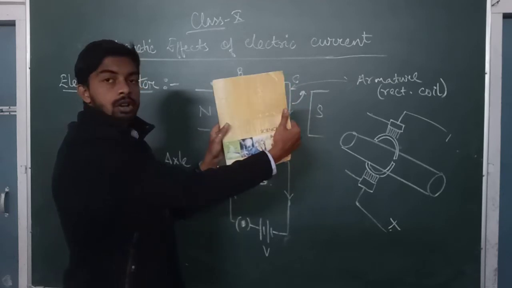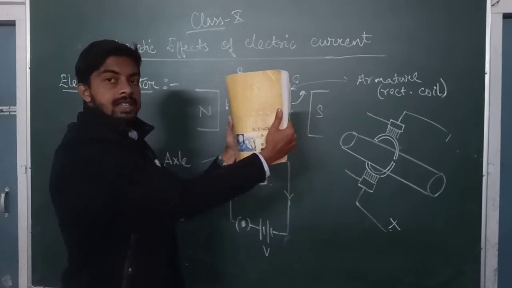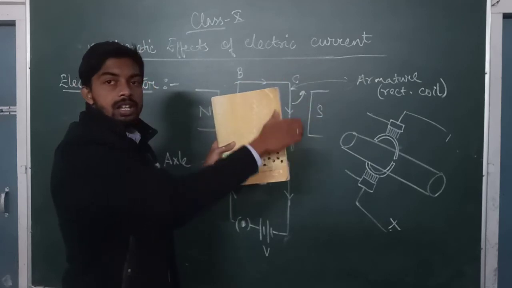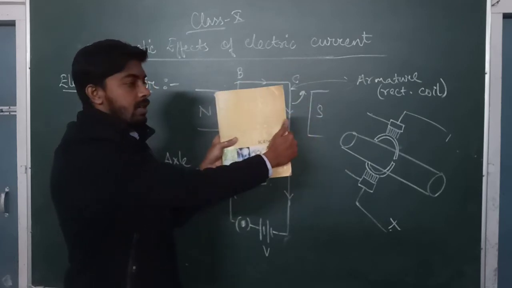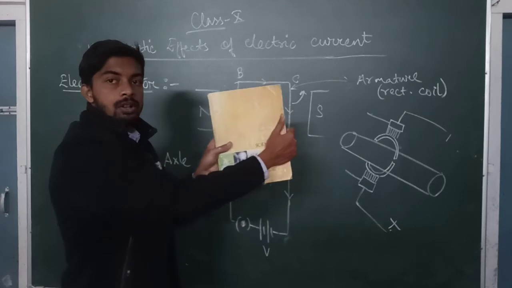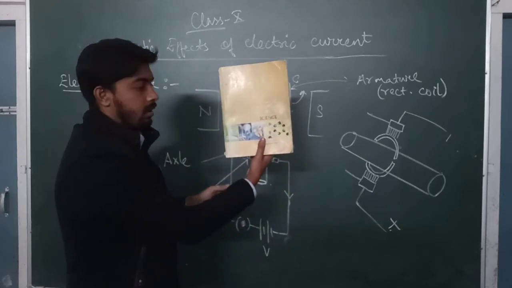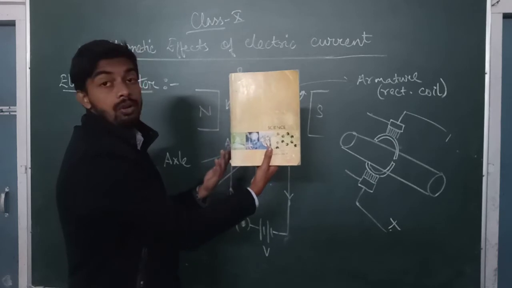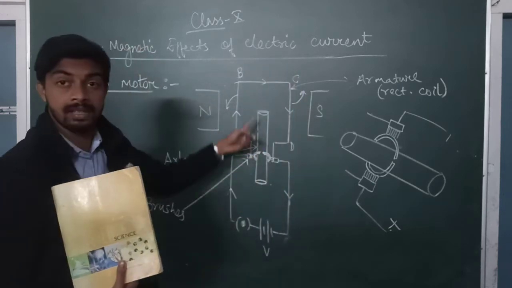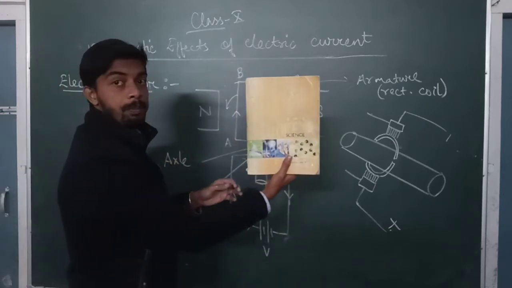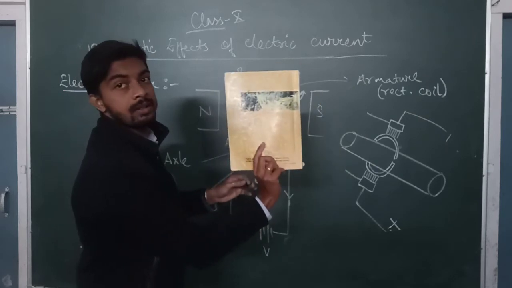So this side will turn like this, and similarly on the other side, using the same Fleming's left hand rule, this side will flip like this. So as a whole, when this rectangular coil is connected to an axle, it will flip or turn like this.